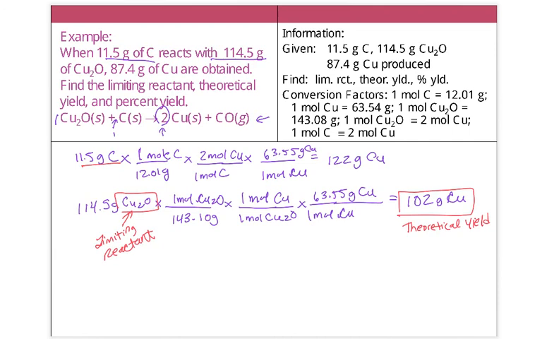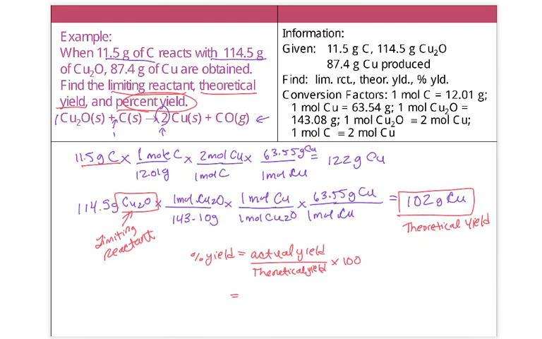Now, we've answered our limiting reactant and theoretical yield, but what is our percent yield? Remember, your percent yield is your actual yield that you got experimentally over your theoretical yield times 100. Okay?